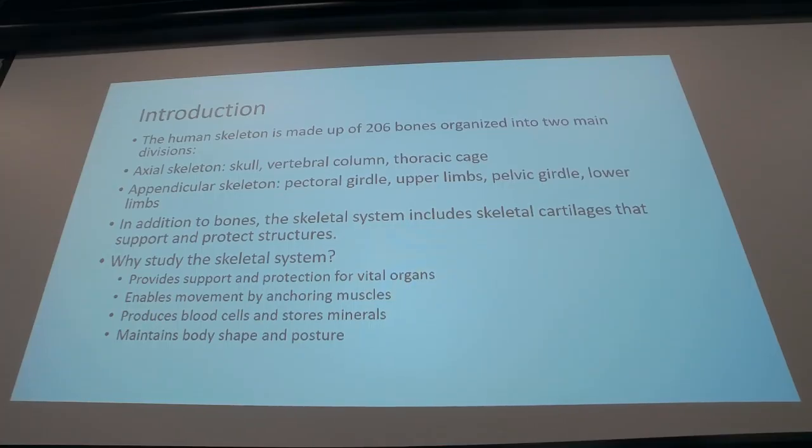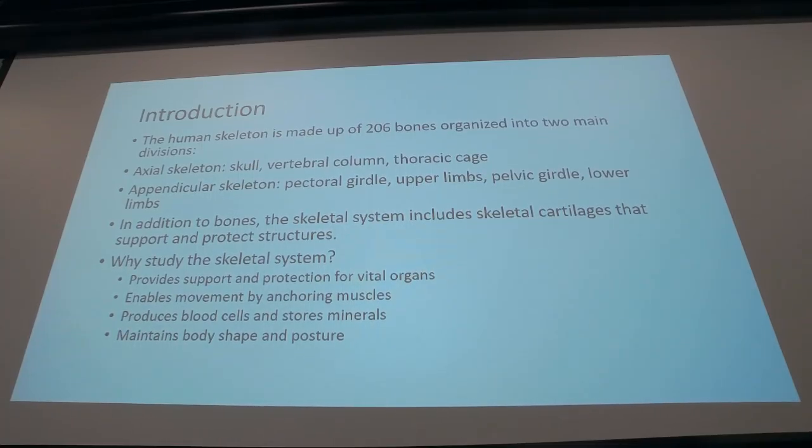The bones of the axial skeleton are located in the center of our body. They include skull bones, thoracic bones, and the vertebral column. The bones that are located in the limbs, whether the upper limbs or the lower limbs, will be the appendicular skeleton bones.